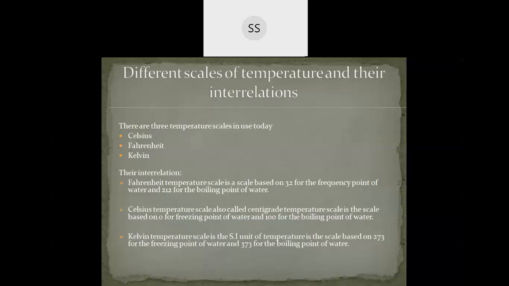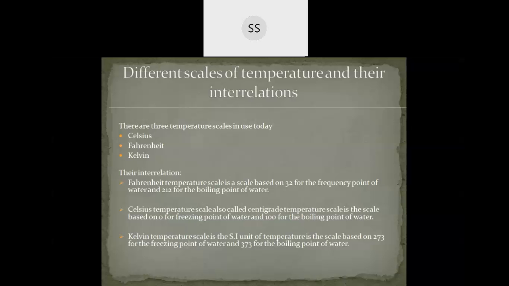In Celsius scale, 0 degrees Celsius is the freezing point of water and 100 degrees Celsius is the boiling point of water. In Kelvin also, 273 is the freezing point and 373 is the boiling point. So this is the relationship between different temperature scales.